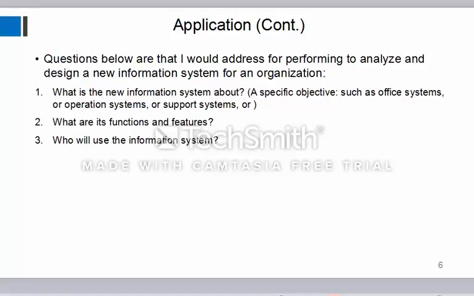The second question is, what are its functions and features? Like what the company is about, what the product is, and what the mission objectives of the information system are. The third question is, who will use the information system? The people who will use this information system.